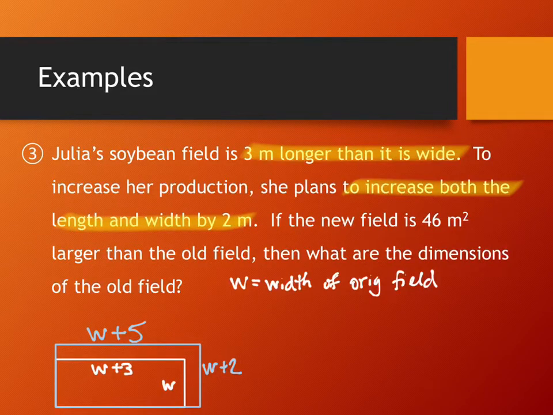Now it talks about the area of the new, of this increased piece, right? This piece, I'll shade it in yellow. It tells you the area of this piece is 46 meters squared, right? I don't necessarily have a direct equation to find the area of this missing little, bordering piece like this. But I do know the area formula for a couple of rectangles, and I do have 2 rectangles.